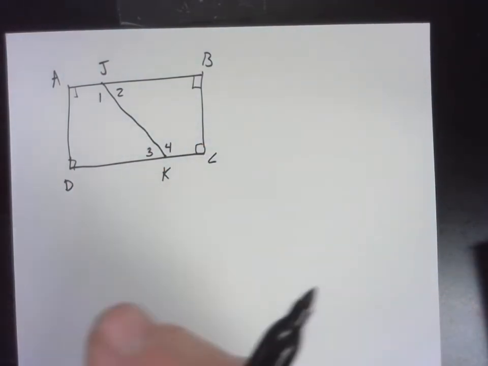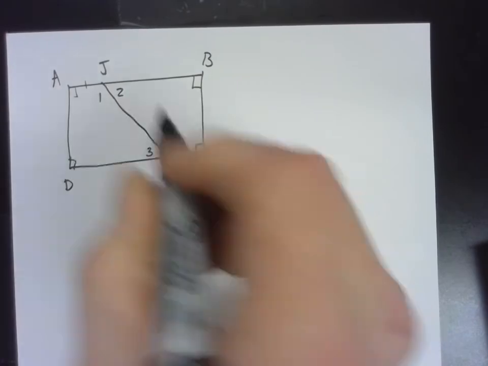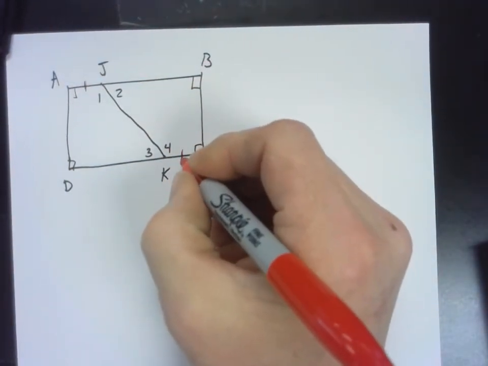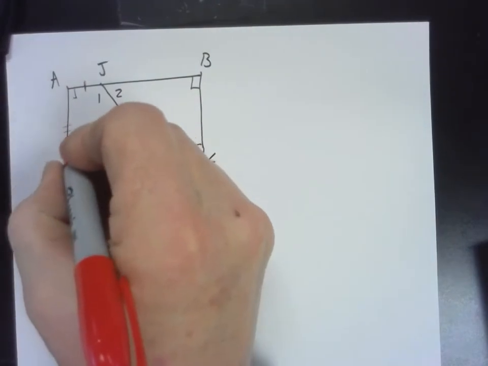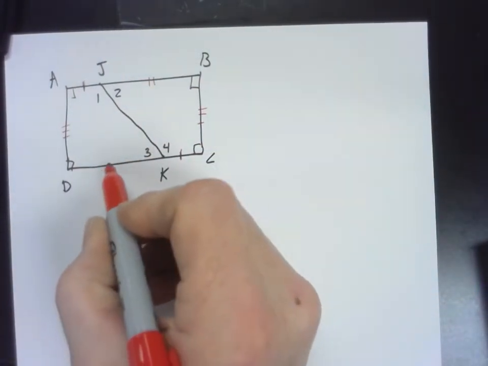Not only that, but they've given us some other information here. These two are marked congruent, aren't they? Didn't they use a red? Yeah, these two are marked congruent. These have 3 little marks on them, so they're congruent, they're telling us. These two are congruent.